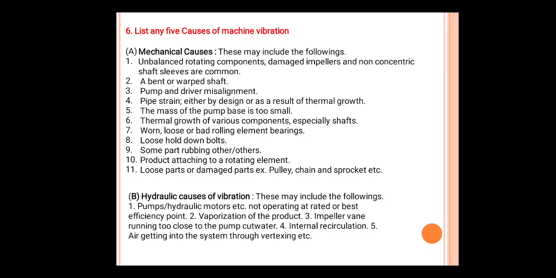Next, moving on to the next question: list any 5 causes of machinery vibrations. We'll categorize them into 2 types, mechanical causes and hydraulic causes of vibrations. We'll see them one by one.